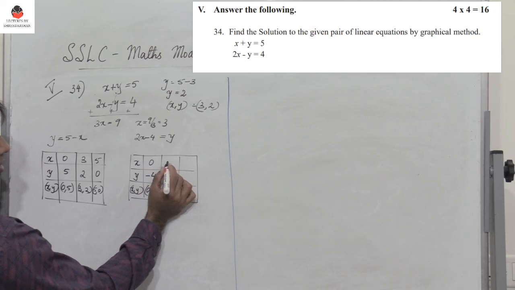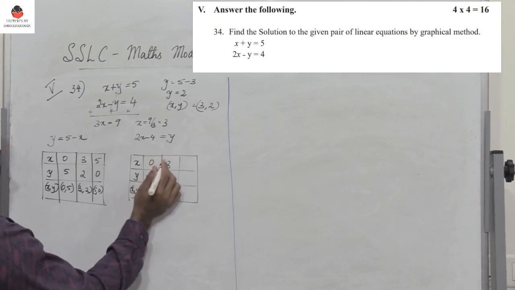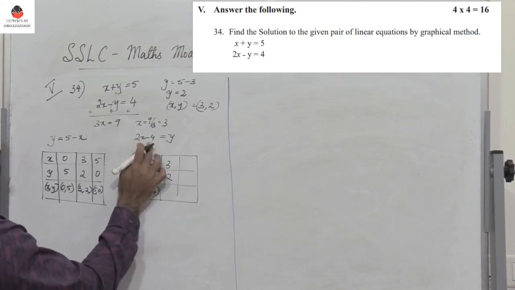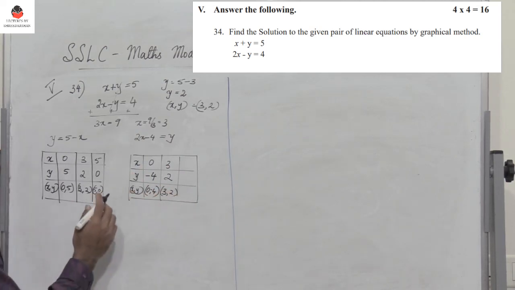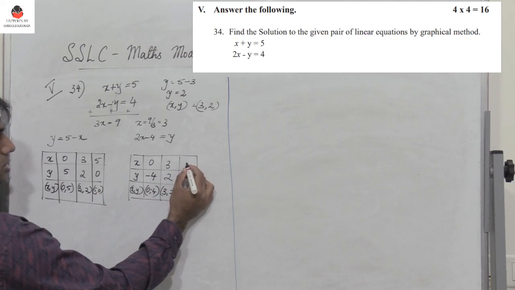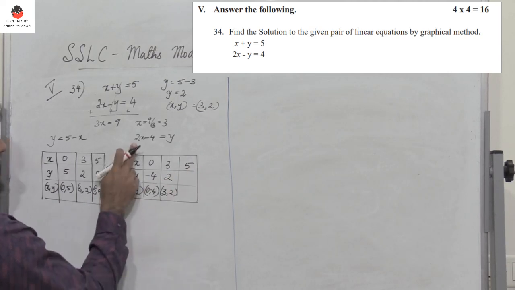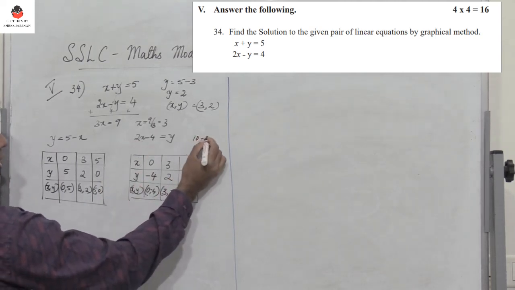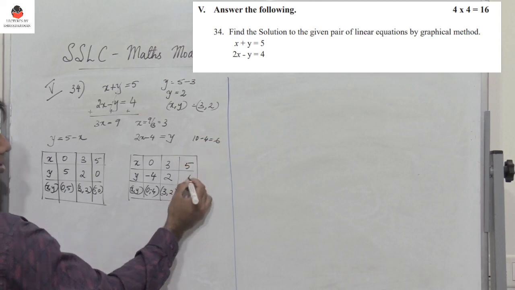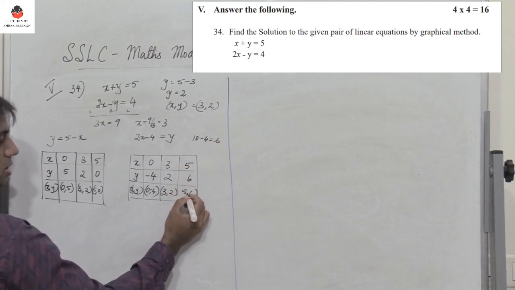Next, if x is 3, then definitely y is 2, right? 6 minus 4 equals 2, so I get 3 comma 2. Next, if x is 5, I get 10 minus 4. So what is 10 minus 4? Is 6, so I get 5 comma 6.